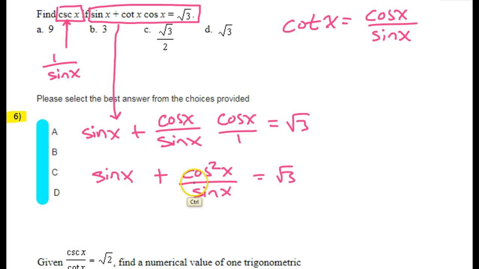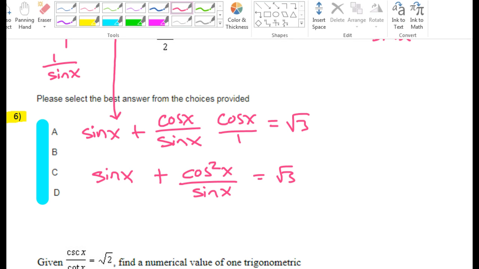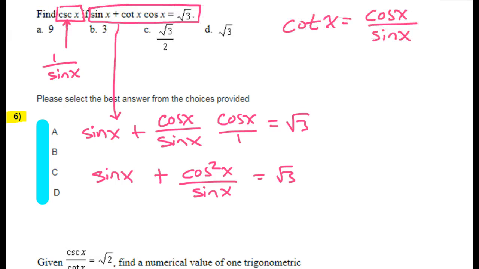I try to get like denominators and combine into one big fraction. So I need a denominator of sine x to match this. I can't just do that unless I do the same thing in the numerator. As long as I put sine x in the numerator and denominator, I'm really just multiplying by 1, so I haven't really changed anything.